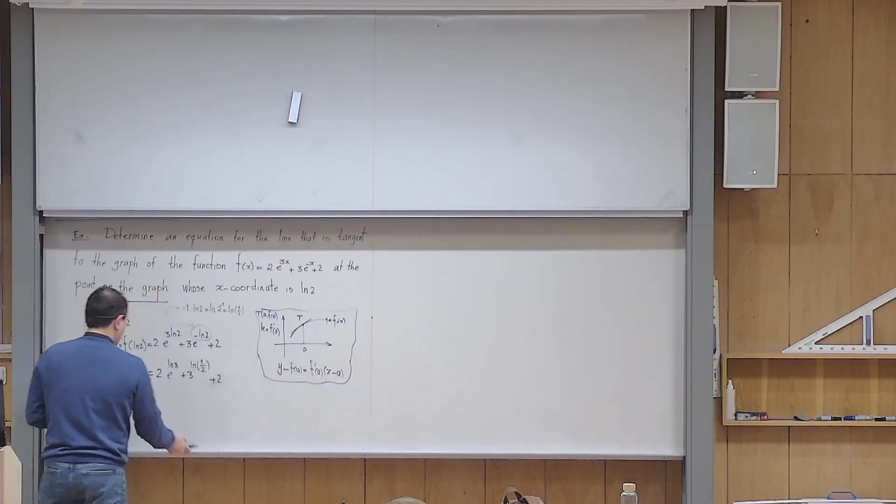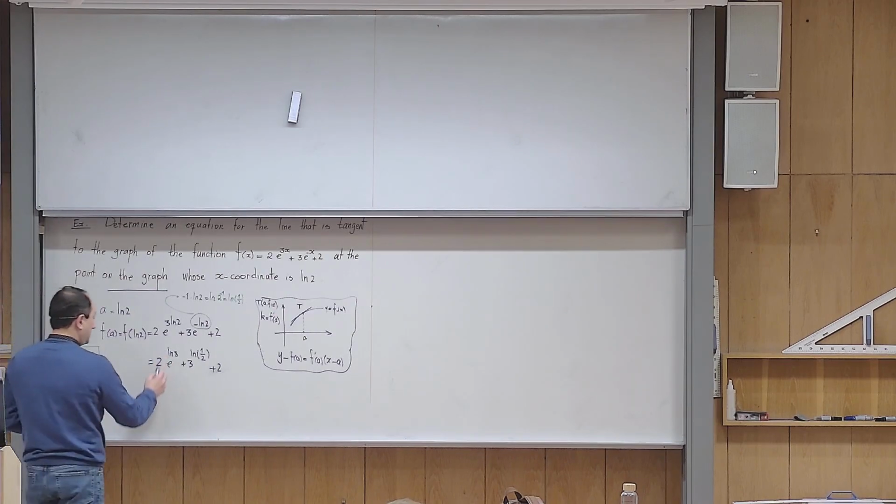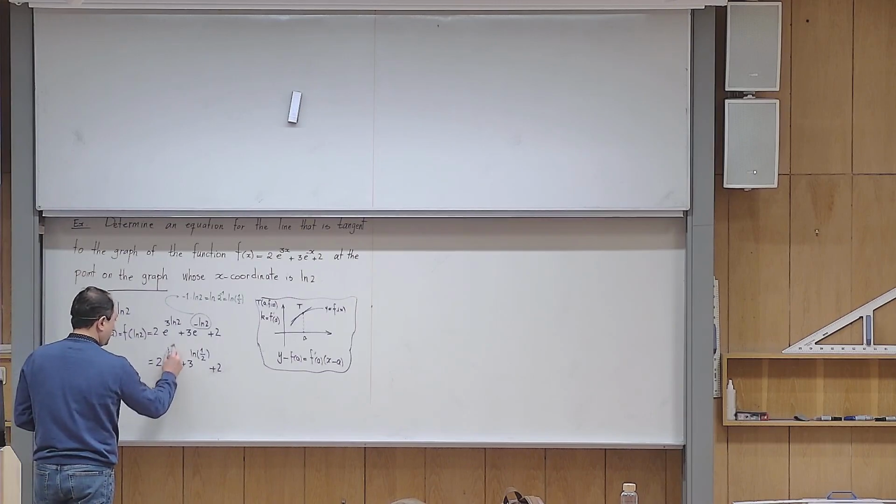But we have a formula, yes? Do you remember? The formula, as Simon mentioned, is e to power ln of a, and the answer is a. So e to power ln of 8 is nothing except 8. But I have a 2 here.